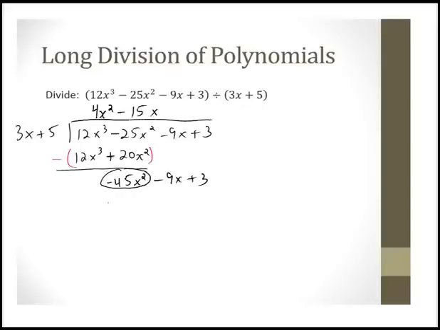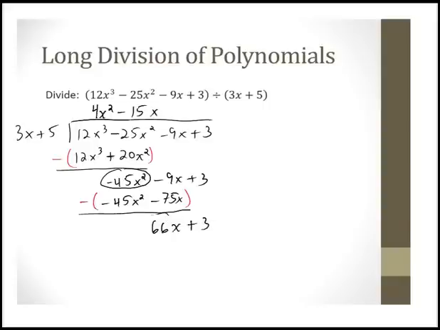Multiplying back, negative 45x squared minus 75x. Subtracting that line. Negative 45 plus 45 is 0. Negative 9 plus 75, that's 75 minus 9, that's 66x plus 3.